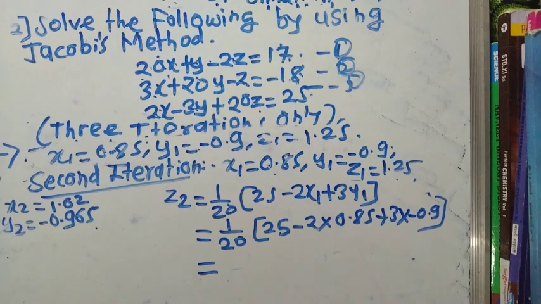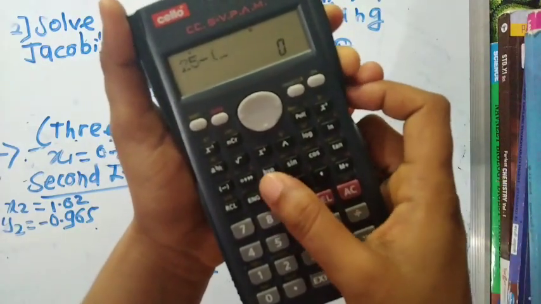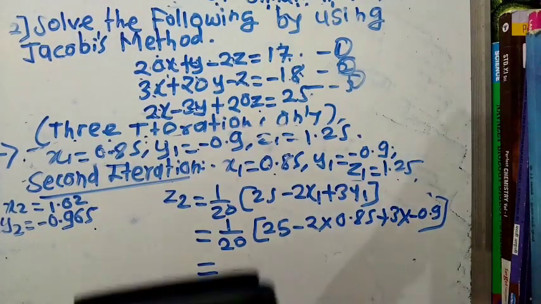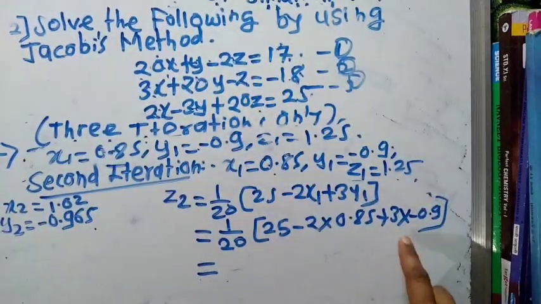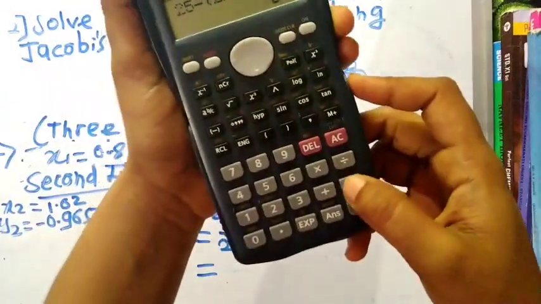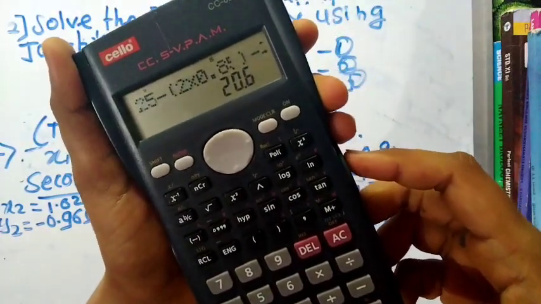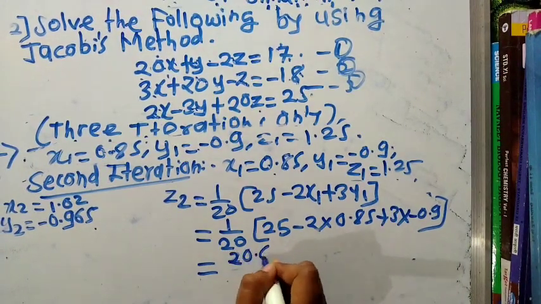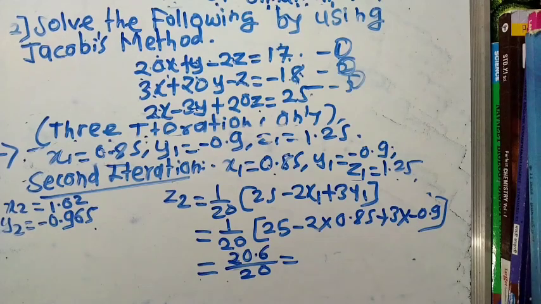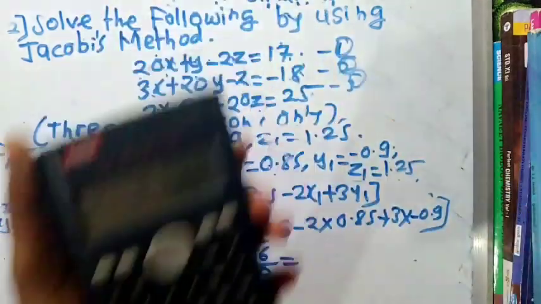Find out the value: 25 minus 2 into 0.85 plus, here minus minus, 3 into 0.9, which is equal to 20.6 divided by 20, which is equal to 1.03.